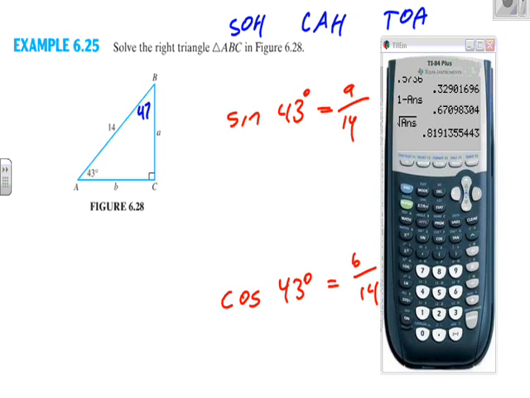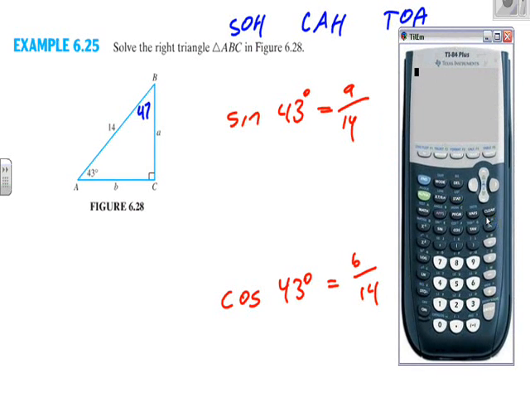So if you pull out a calculator, you can do sine of 43, get that decimal, multiply by 14 to solve for a. So we get about 9.55.